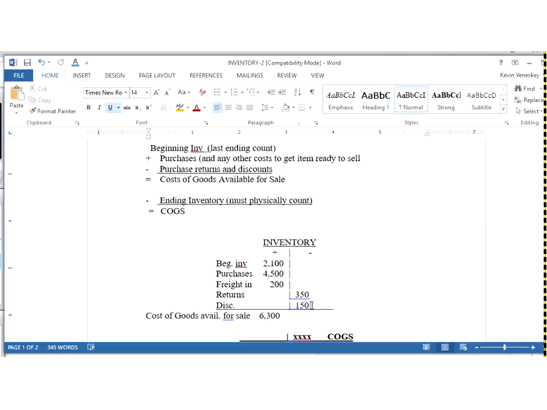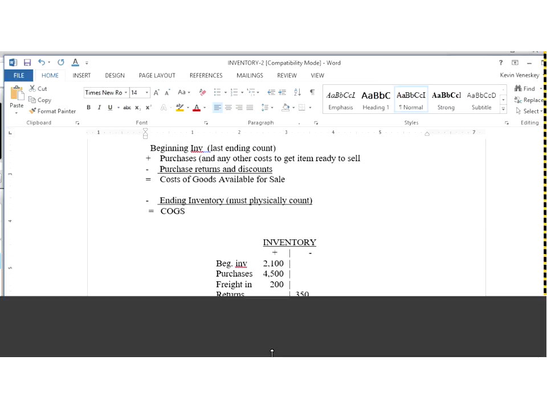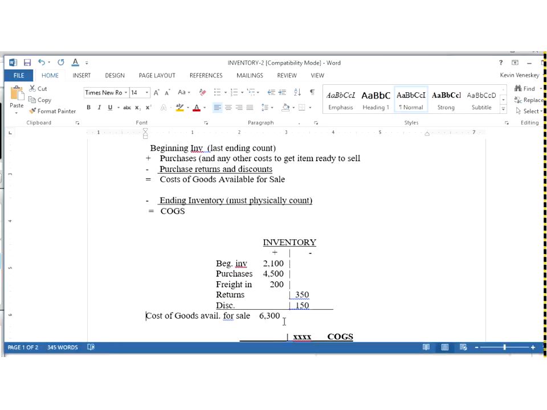I got a little bit of a discount on my inventory. So when I combine everything, what I previously had with the things that I bought, minus the little bit that I needed to remove, at one point, not necessarily did this ever really happen, but I had $6,300 of goods ready to be sold.